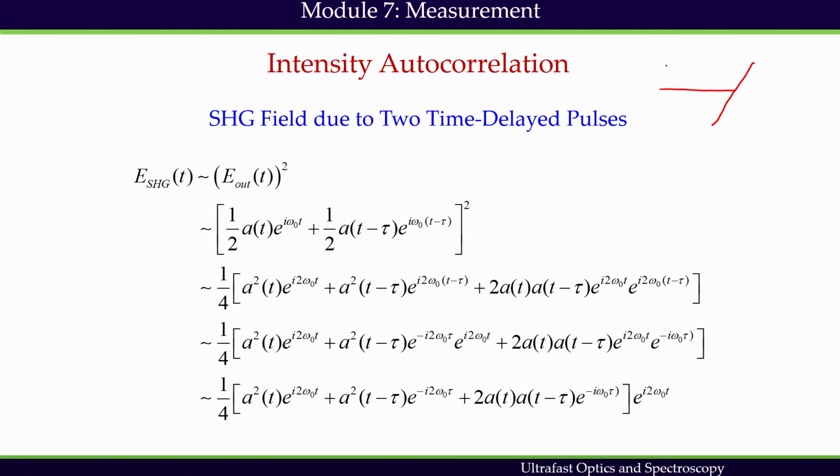The input beam is expressed as A(t) e to the power i omega naught t, that is E(t), that is the input beam I have expressed. 50-50 beam splitter will split the intensity into two equal intensity pulses. So we know that E is square root of I.